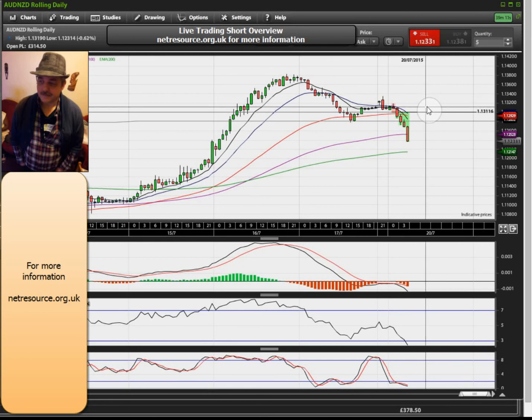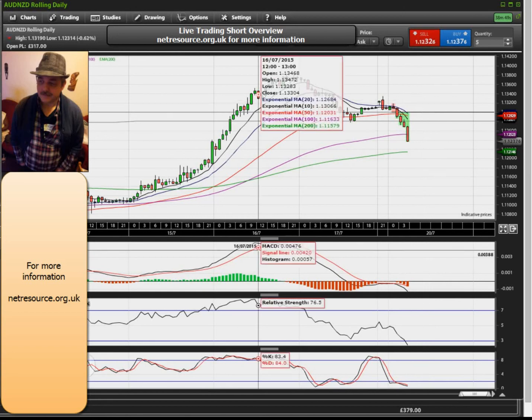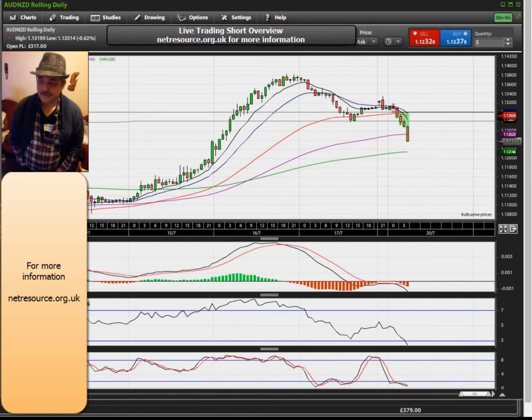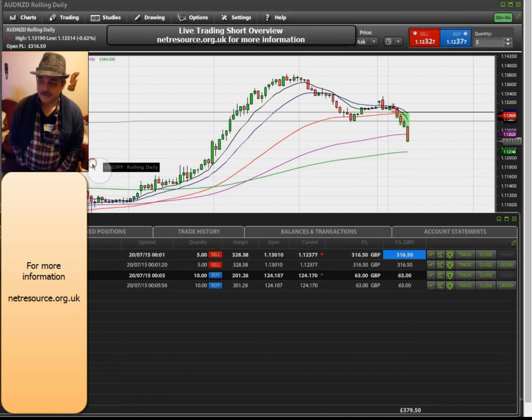So you can see my open profit and loss has gone down to £314.50, but that's because I've taken out a little over £300 and banked that in my brokerage account. And if I want that out, I will simply go to take my money out online, providing I have it in by midday.